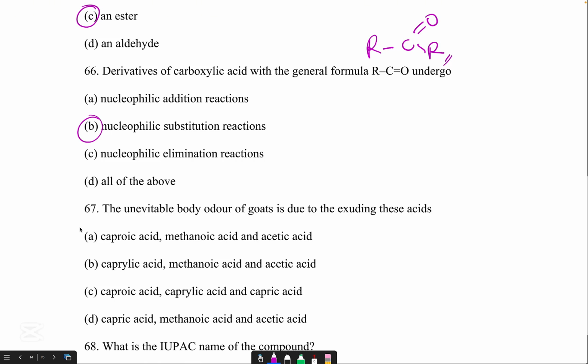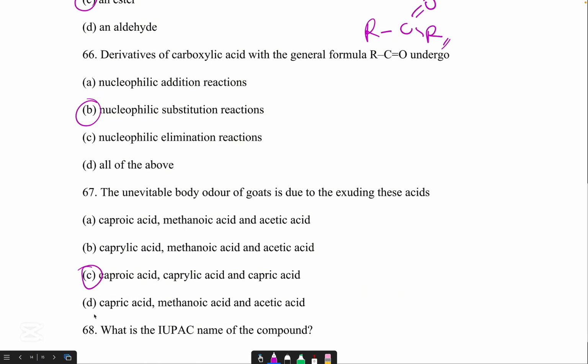So that is caused by caproic acid, caprylic acid, and capric acid.